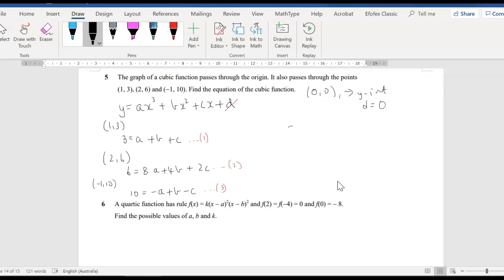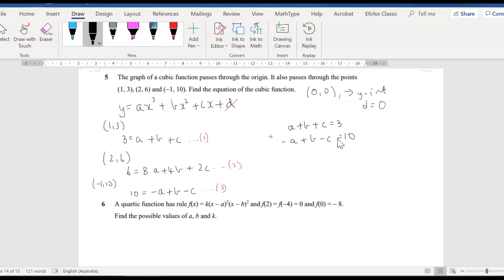I'm going to write equation 1, a plus b plus c equals 3. And I'm going to write equation 3, negative a plus b minus c equals 10.